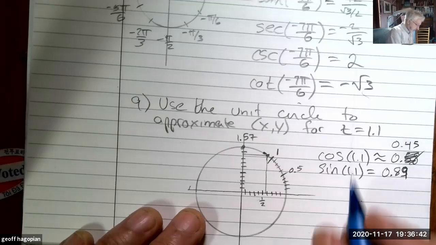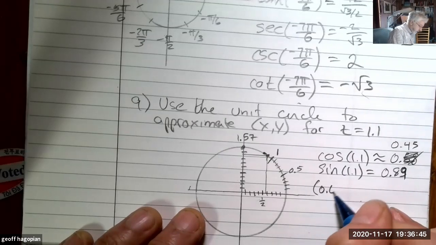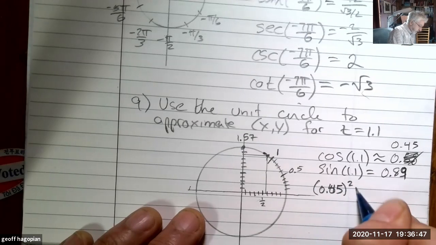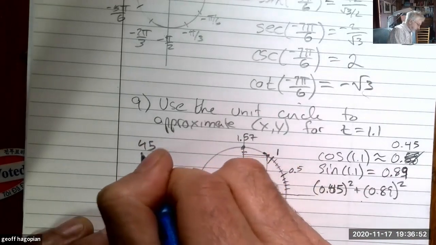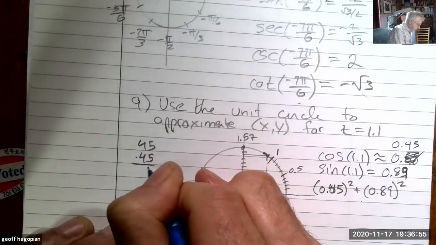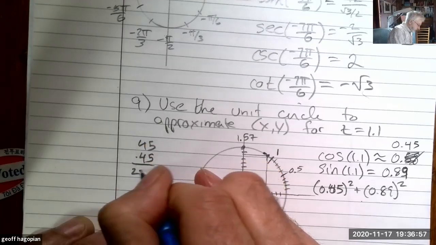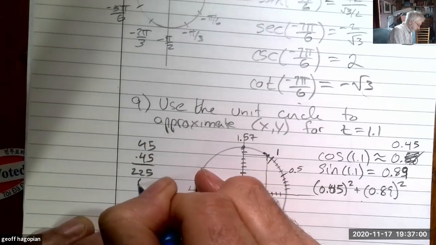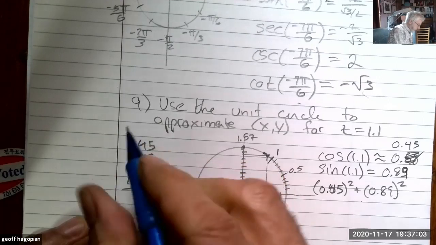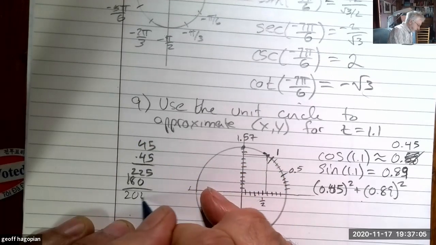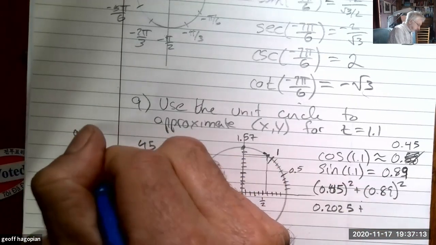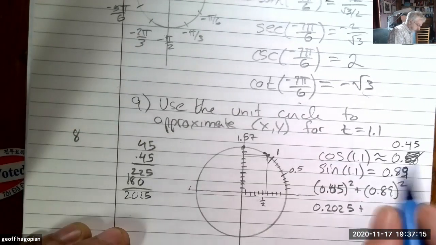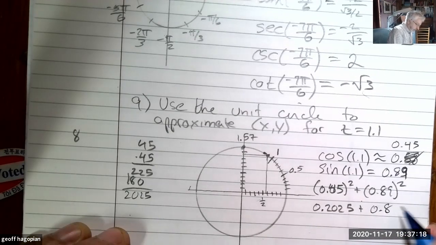Okay. Alright, and do those satisfy the unit circle equation? Well, 0.45 squared is 0.2025, and 0.89 squared is, I'm going to say, approximately 0.8, maybe a little bit less.